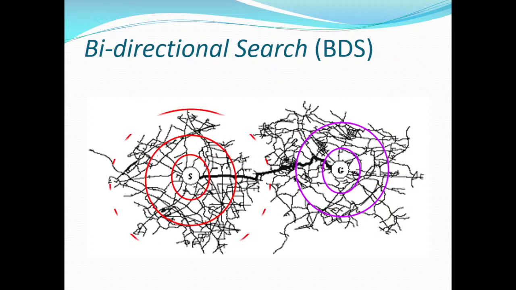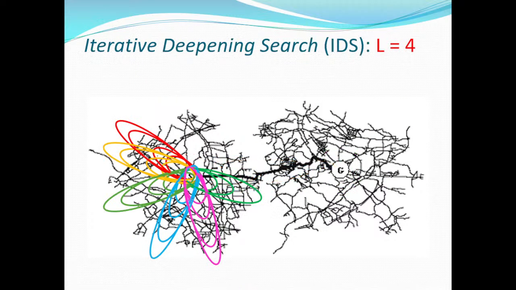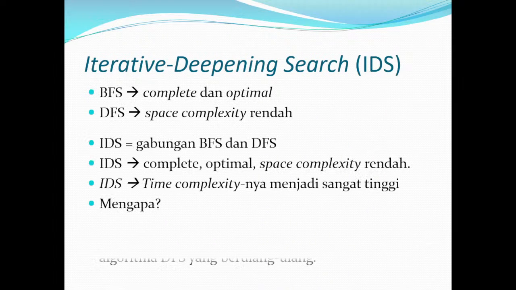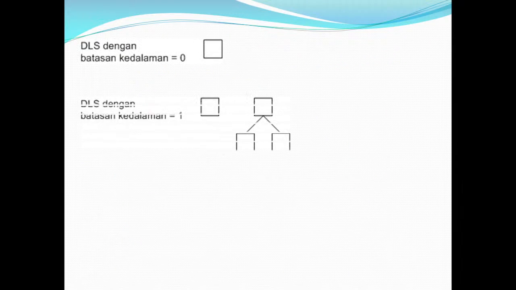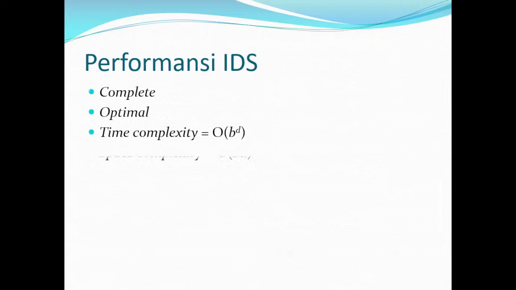As with bidirectional search, we search from the initial state as well as the goal state. Okay, and what we return from our searching algorithm is the path of our tree, or the operator sequence of our tree.